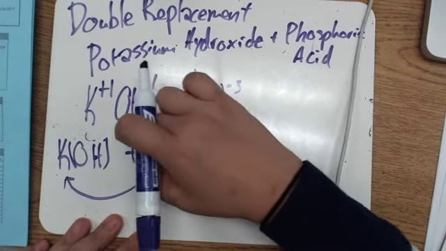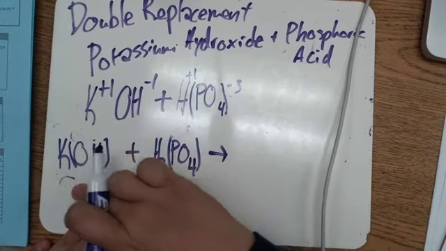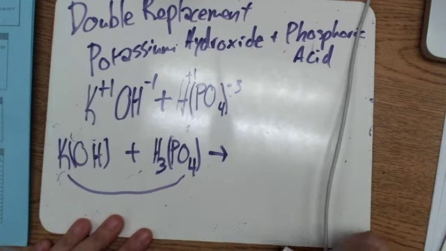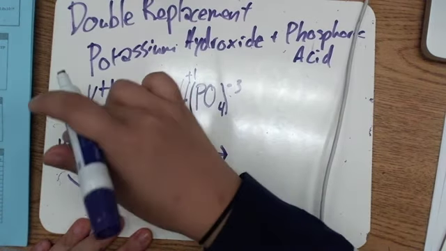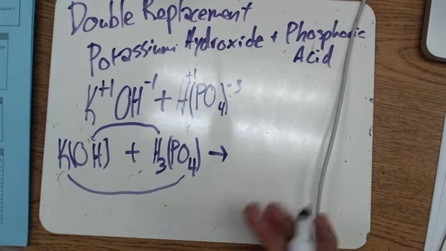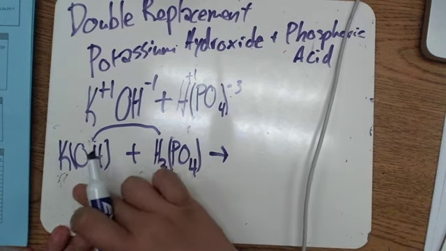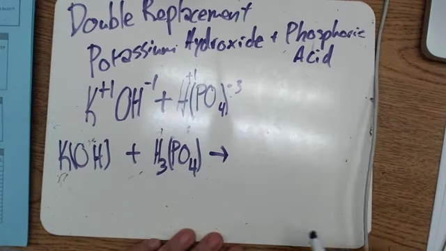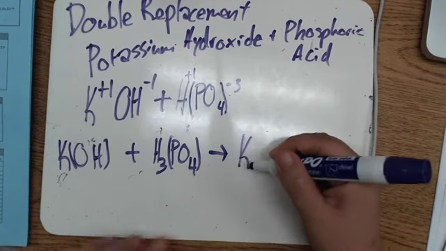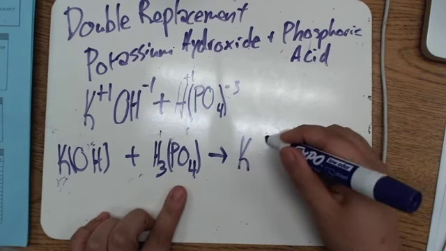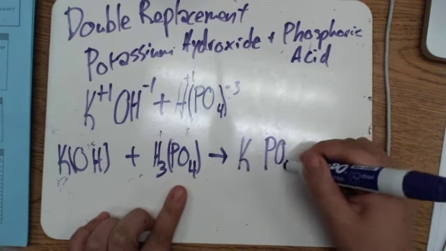Or you can do it as potassium is going to link with the PO4 and H is going to get with the OH. I don't care how you connect, how you think about it, as long as you are switching partners, that's what we need to do. So potassium, the outside is going to get with the outside. It's going to be PO4.